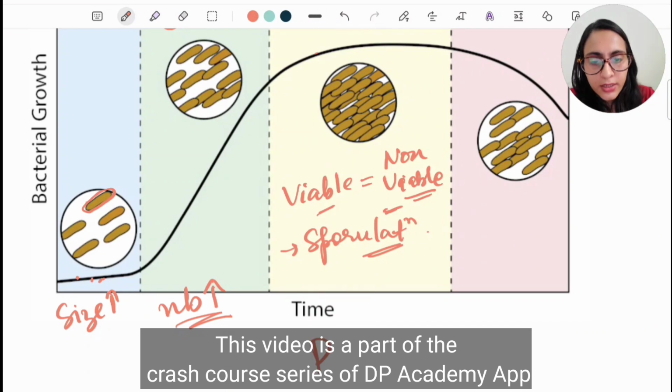It is the dipicolinic acid, which is present in the core of the spore, which is resistant to heat. Because of the harsh environment and the inability to replicate, it's a survival mechanism that occurs in the stationary phase for a bacteria by forming the spores.